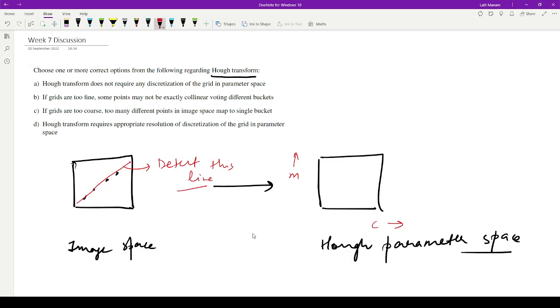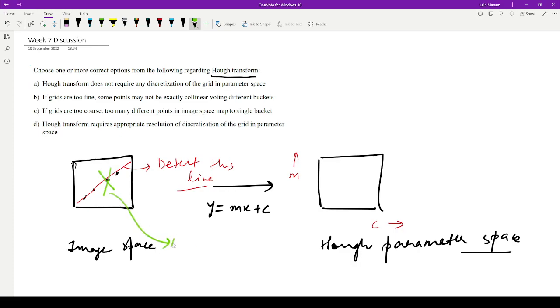So what do we do here? Our line is y equals mx plus c. For every point, we'll see how many lines are crossing.